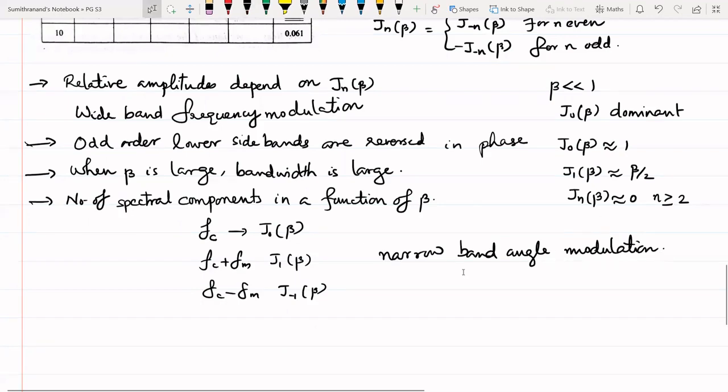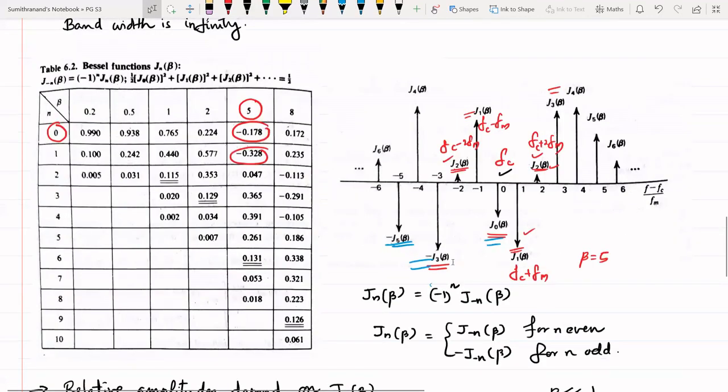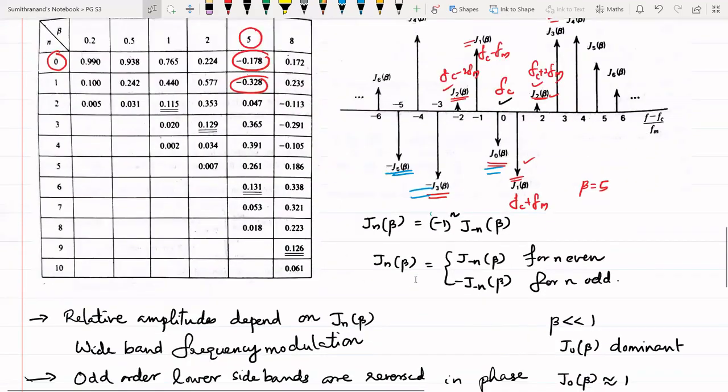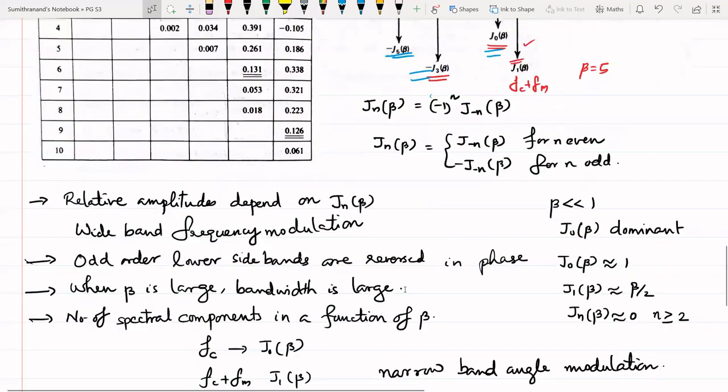So these are the spectral properties. In the case of FM, theoretically we can have an infinite number of sidebands, so the bandwidth will be infinite. The relative amplitudes of the frequency components depend on the value of the Bessel function.